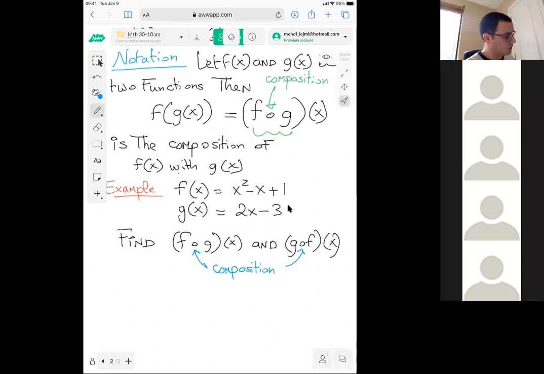So it's composition. Now, how do we find this f composed with g? Again, this circle here means composed, so this is f composed with g, right? So let's compute this.